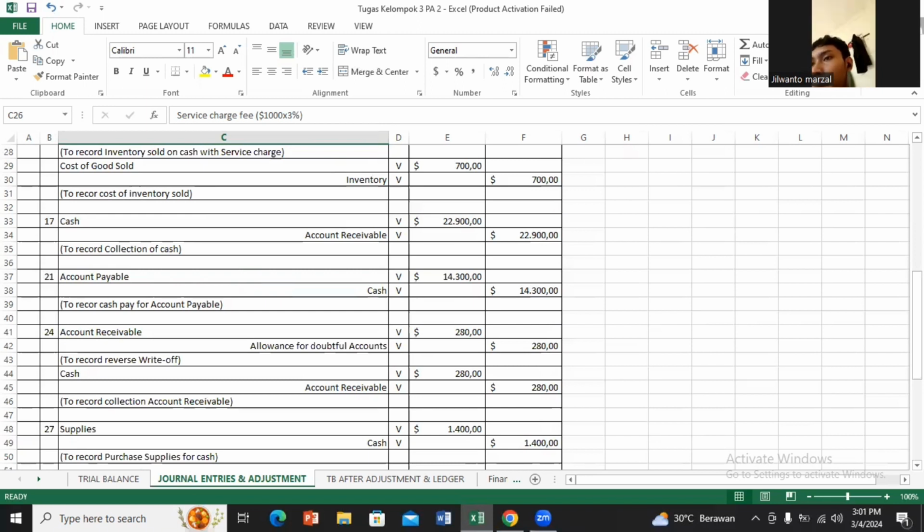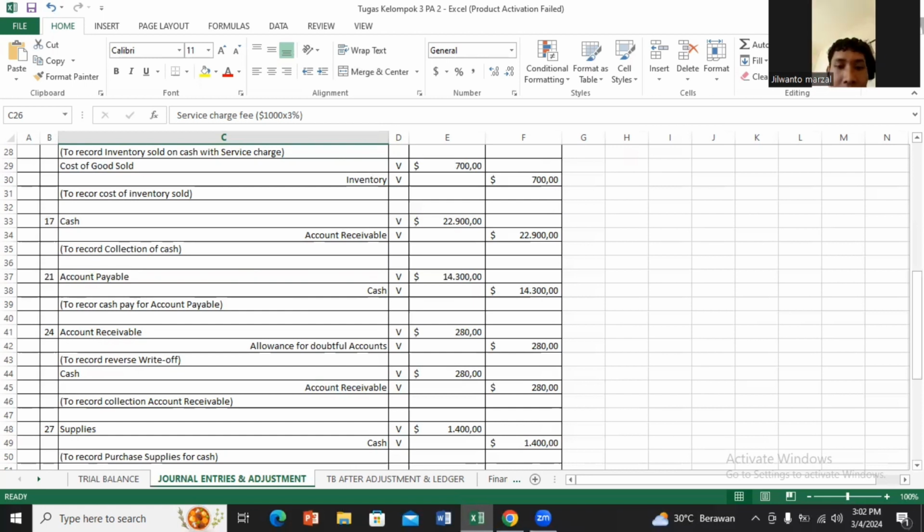Next, on 21 January, Winter paid $14,300 on accounts payable. So the journal is accounts payable in debit, because he paid off his debt, so his debt is less now. So accounts payable in debit $14,300, and then cash in credit $14,300.